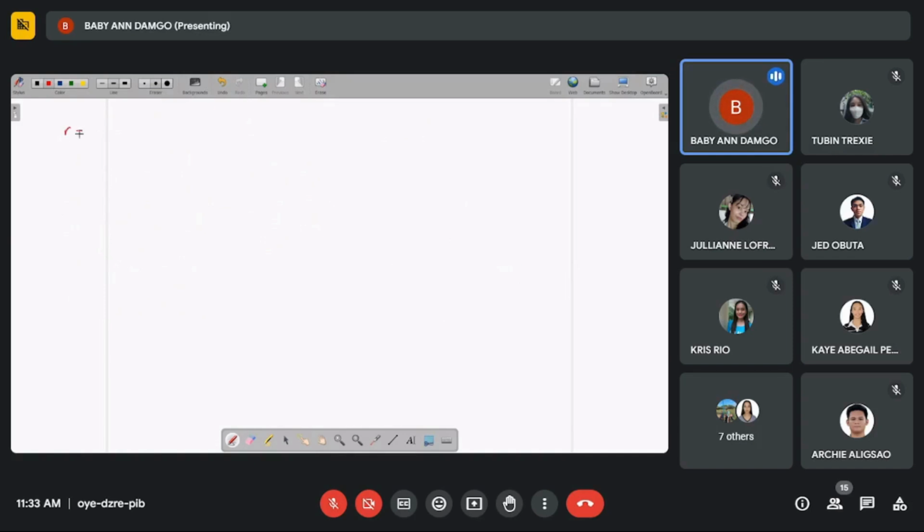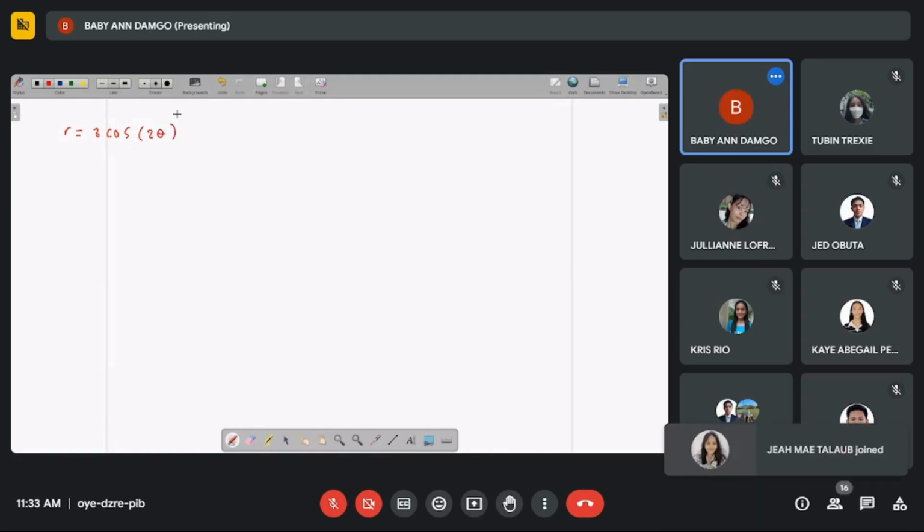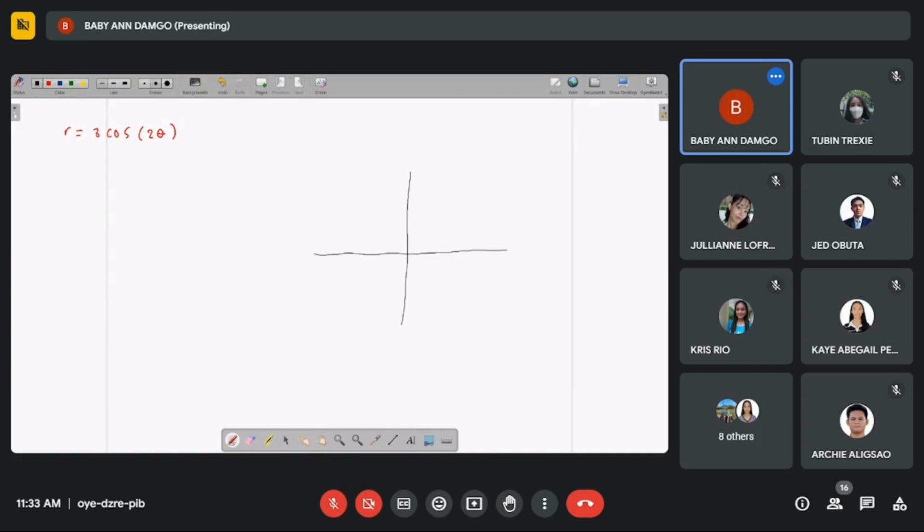So, r equals 3 cosine 2 theta. Okay? So since n here is 2, we have 4 petals.